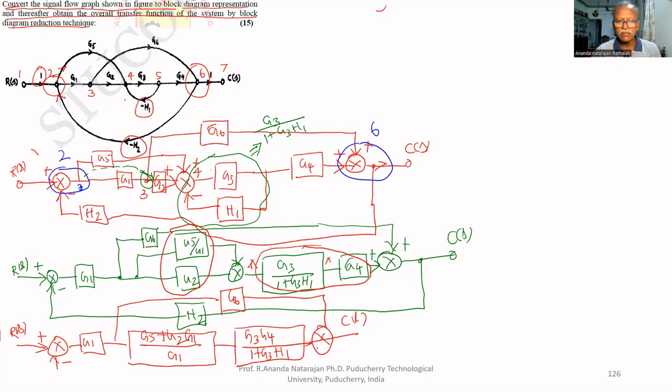G6 is added here, C of S. Now we can multiply these two and we can add G6 because G6 and these are in parallel. That's why we can add them. So what you will get is the feedback; that is H2 is there.